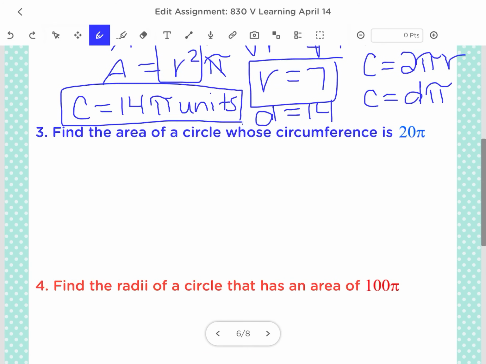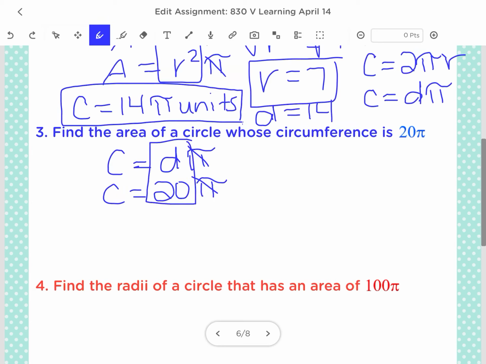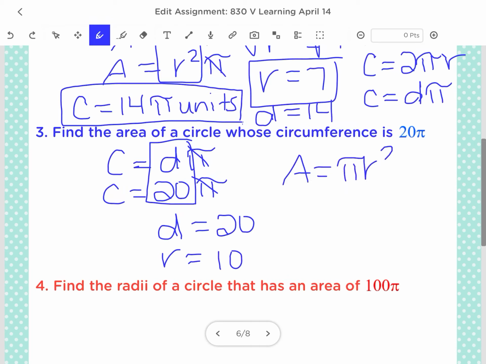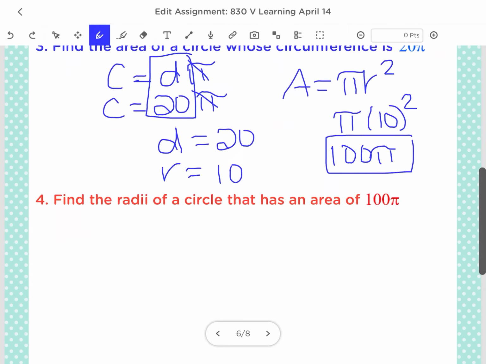Find the area of a circle whose circumference is 20 pi. Again, circumference is diameter times pi. So if the circumference is 20 pi, the pi's will cancel out, and I know that the diameter will just be 20. If the diameter is 20, the radius is 10. If the radius is 10, I know the area is pi times radius squared. So we have pi times 10 squared, which is 100 pi in this case.